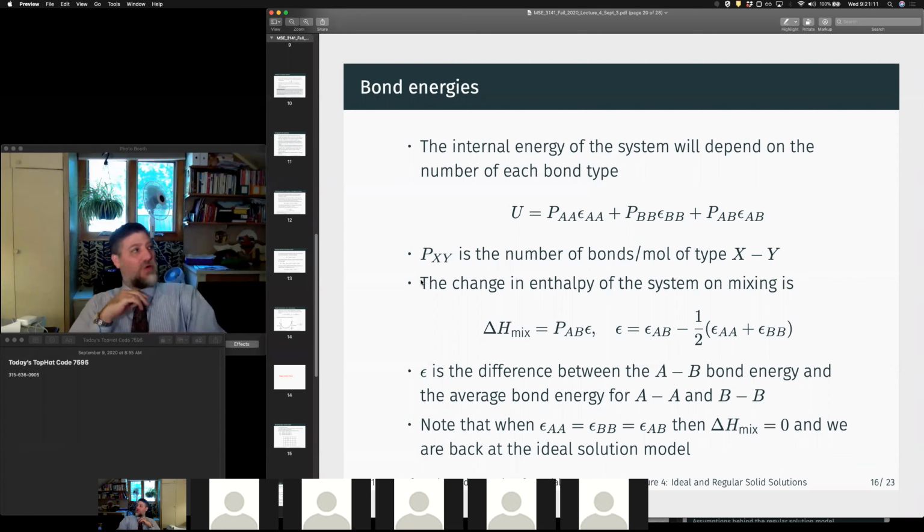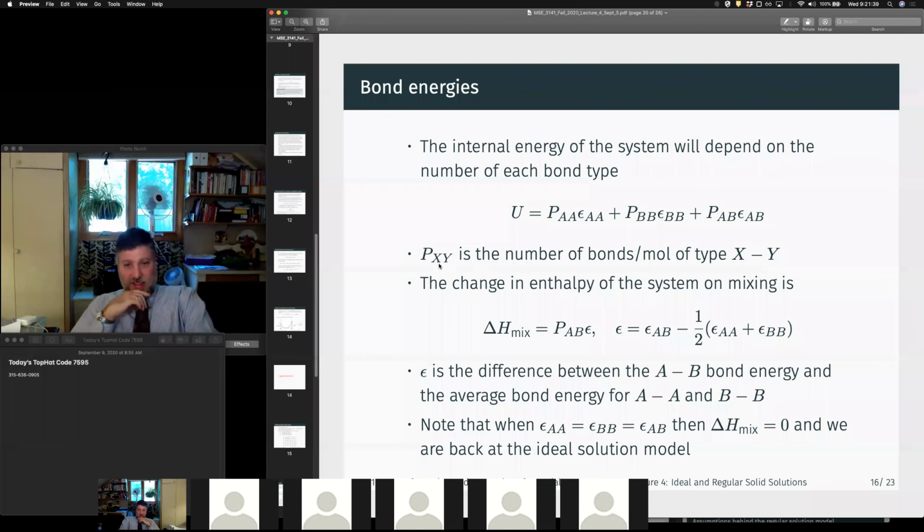If we take the total fraction of the solution as 1, right? And this is the number of bonds per mole, but if we have 1 mole of solution, we can just normalize by Avogadro's number and think of PXY as a probability.